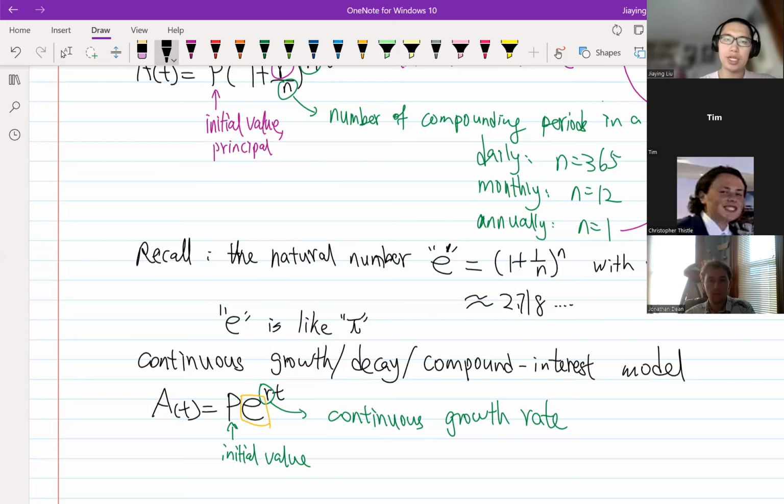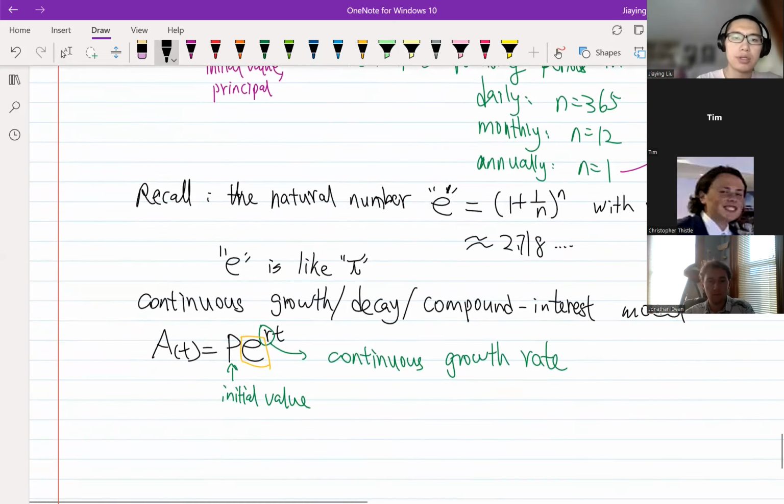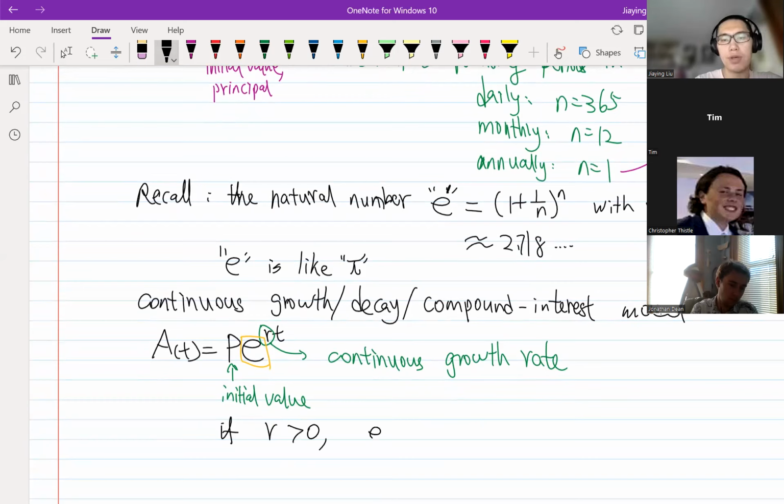And again, a couple of things to note here. If the continuous growth rate r is positive, then we have exponential growth. If r is negative, we have exponential decay.